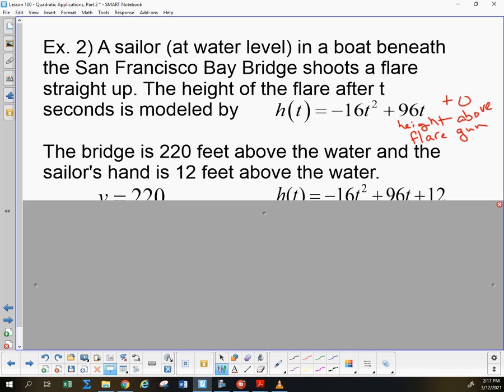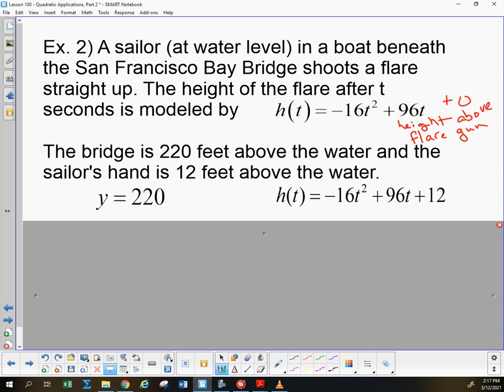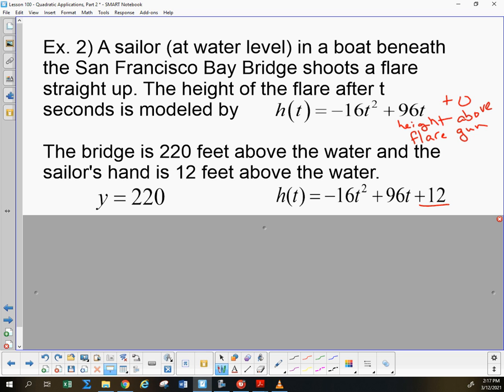But we want to fill some other things in for that. The sailor's hand is really 12 feet above the water, so if we put in the plus 12, this one then gives the height above the water.